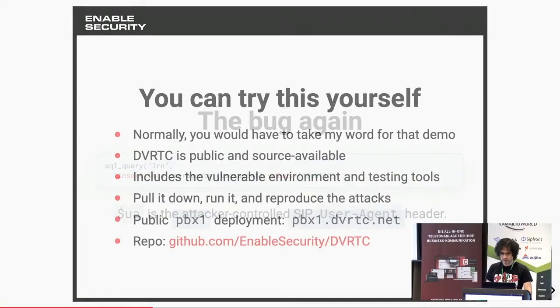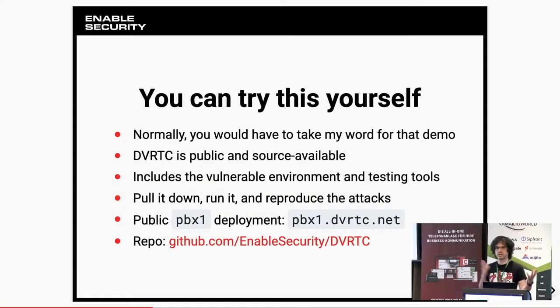All right, now, this is something that we've seen in practical pen tests, but why am I showing you this? Well, normally you would have to take my word for it, right? I would demonstrate this like I did last year and say, okay, don't do this, do this instead.